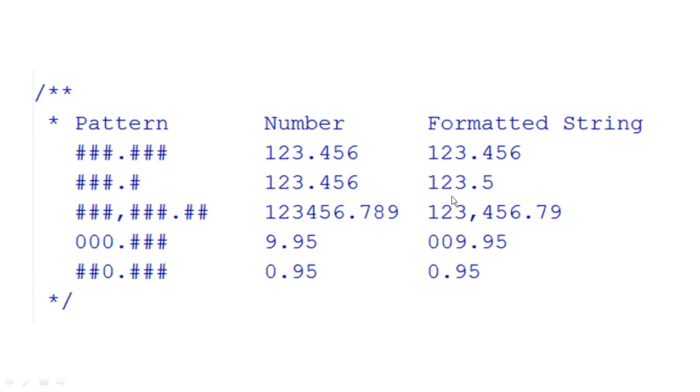If I am using this one, it means you can print 123.5. If I am using like this, you can place a comma. If I am using like this, it means you can write 009.95. If I am using hash 0 point this one, then I can use simply 0.95.